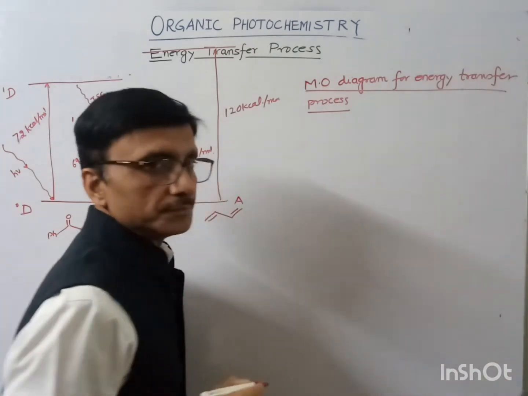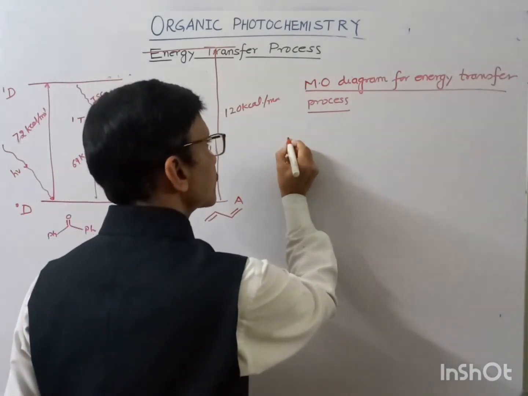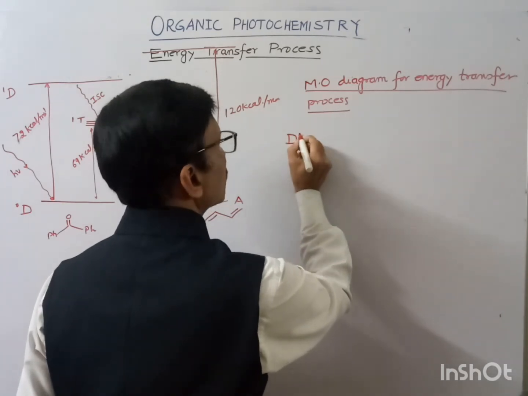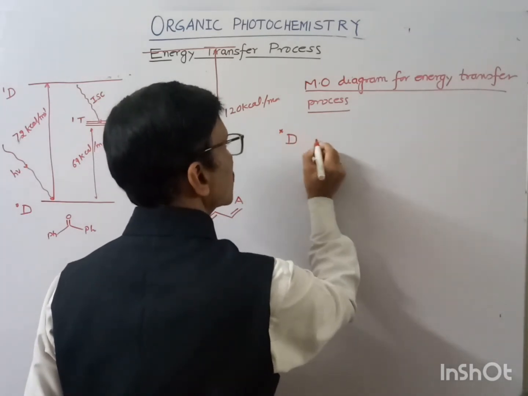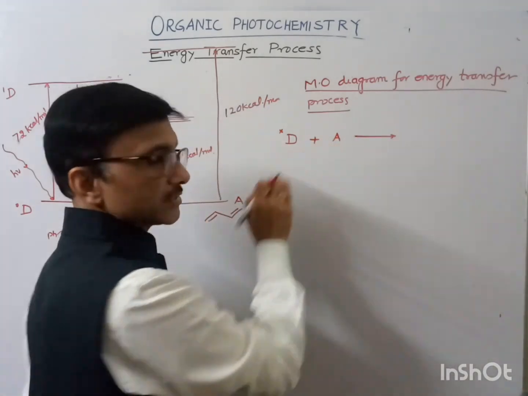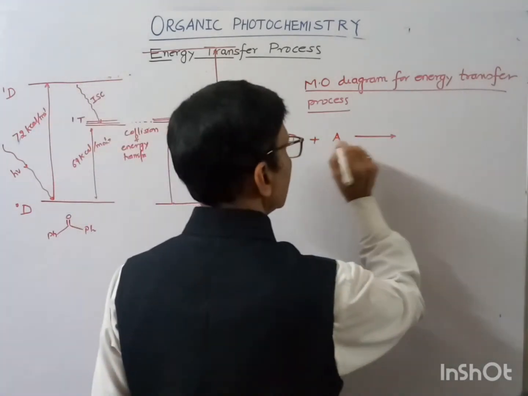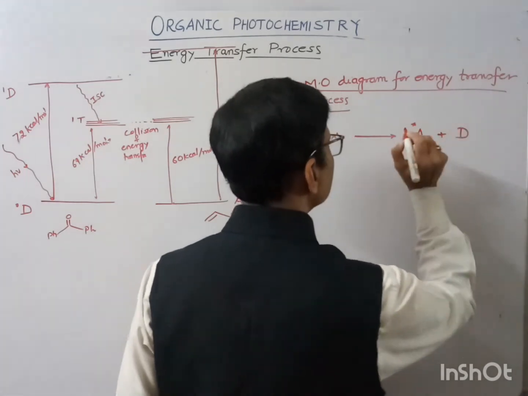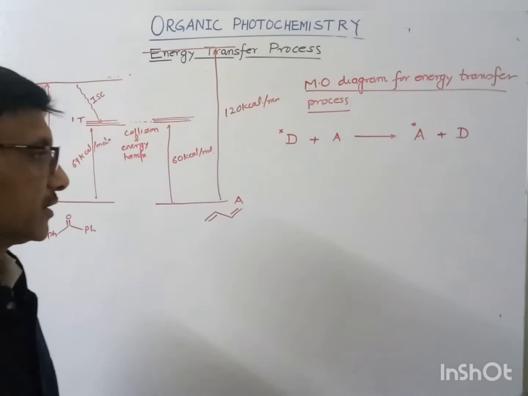Now, in the energy transfer process, as I have told you, the excited donor molecule interacts with the acceptor molecule. It will transfer its energy to the acceptor molecule. Now the acceptor molecule becomes excited, and the donor molecule comes to its ground state.